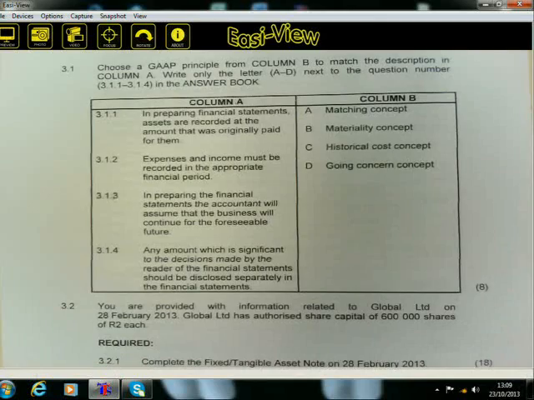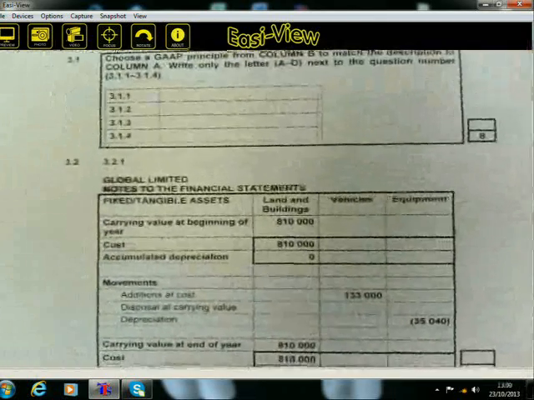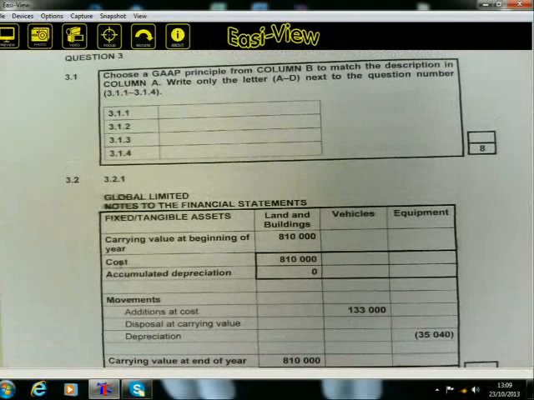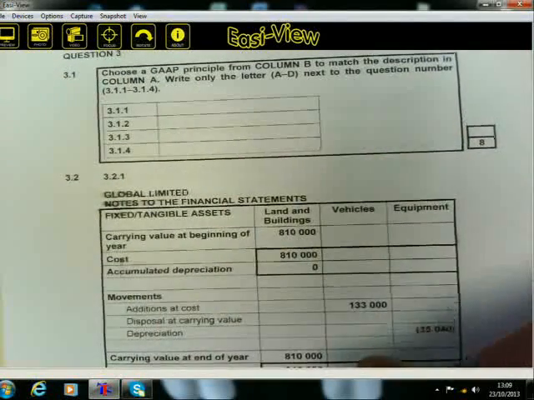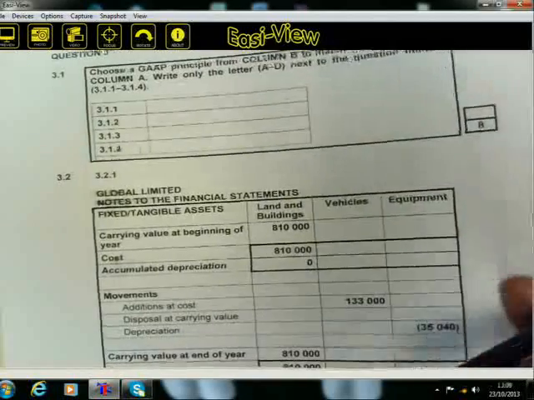You will be provided with an answer sheet that will look like this, where you will be expected to give the correct answers when responding to the questions.